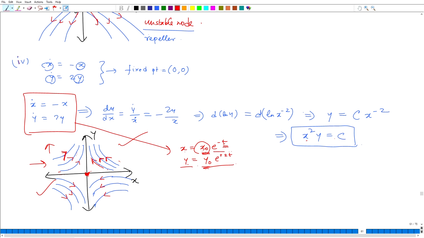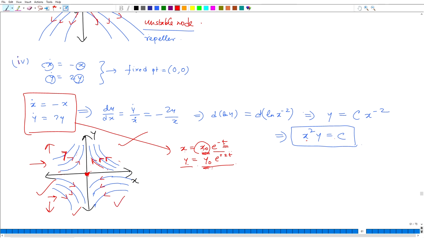So, x 0 and y 0 both are negative. Now, t is increasing, x 0 is decreasing. Okay. So, it is negative, but it is decreasing in negative value. So, y is increasing in negative value, but x is decreasing in negative value. Okay. So, again you will see that is justifying their arrows. For the fourth quadrant, you can think yourself.